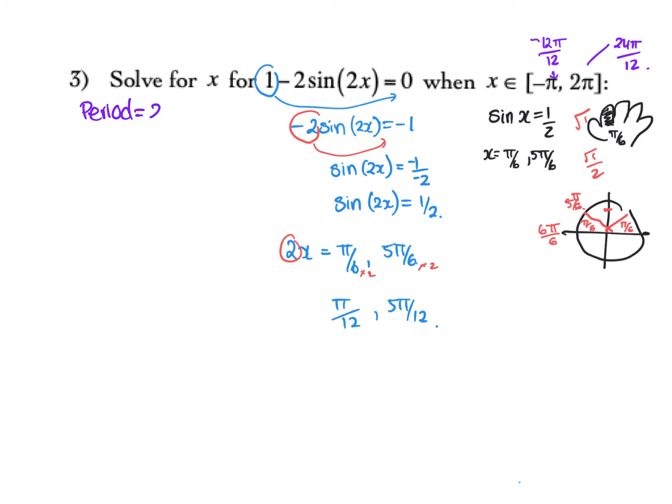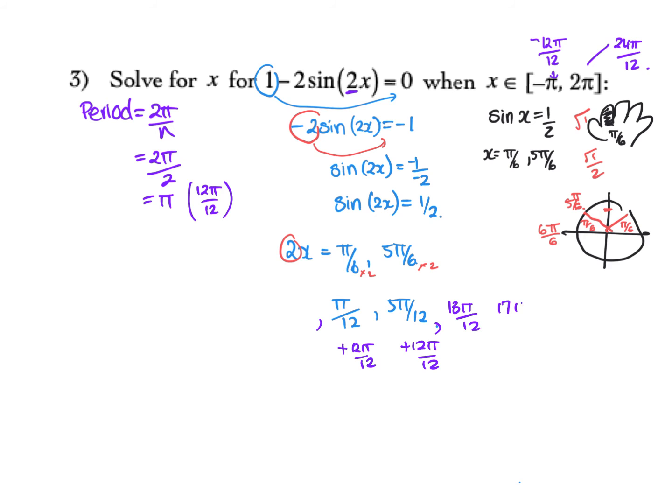The period is always 2 pi divided by n. So 2 pi, n in this case is 2, so pi, which I'll change to 12ths so it's easier. I'm going to add 12 pi on 12 to these two answers, and that will give me 13 pi on 12 and 17 pi on 12.